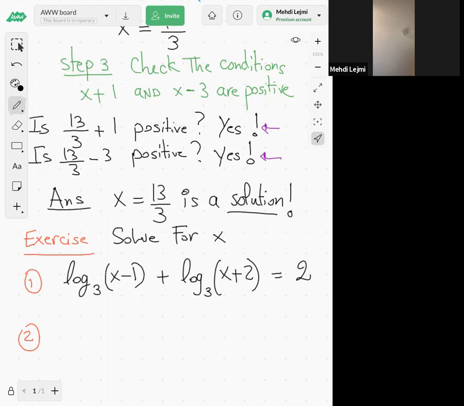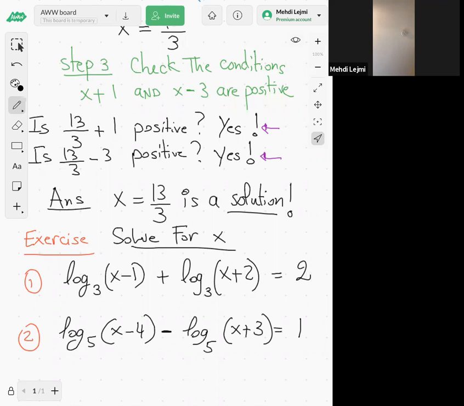And number 2: log in base 5 of x minus 4 minus log in base 5 of x plus 3 is equal to, let's say, 1. All right, so please try to solve for x.